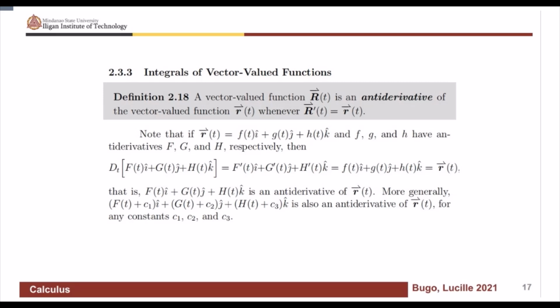A vector valued function capital R of t is an antiderivative of the vector valued function lowercase r whenever R prime of t is equal to the lowercase r of t.